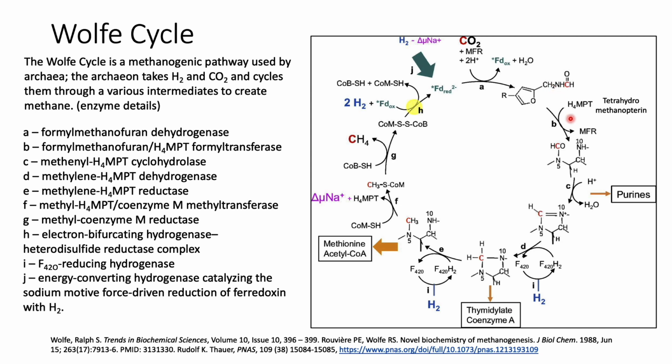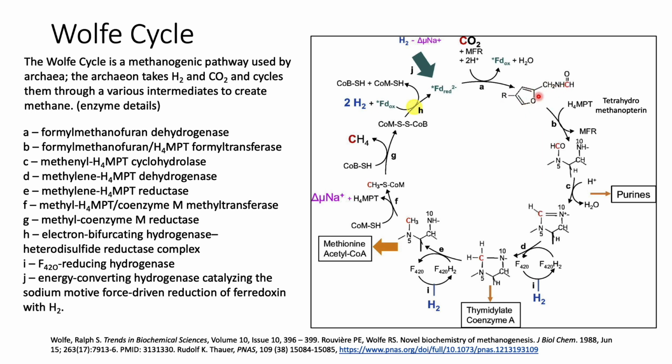So here various chemical reactions are given. We will be looking at each step. Basically CO2 is introduced in the first step. So formylmethanofuran dehydrogenase is the first enzyme involved that leads to this particular product, and this is nothing but the formylmethanofuran molecule.